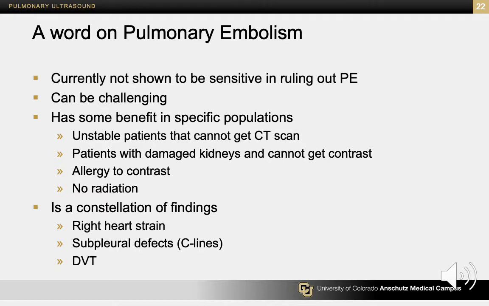You can see the subpleural defects or the C lines that we talked about, or you can see maybe the presence of a DVT in a patient that's dyspneic. Somebody that's acutely dyspneic with a DVT, that would be indicative of something having broken free and lodged in their lung or something like that.